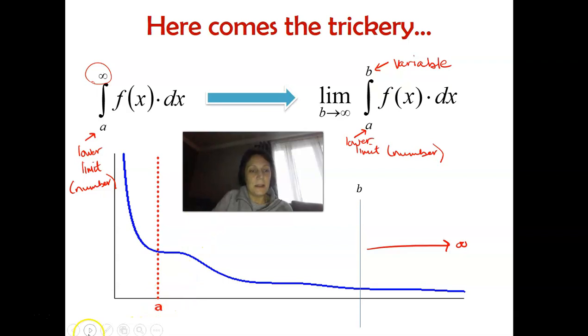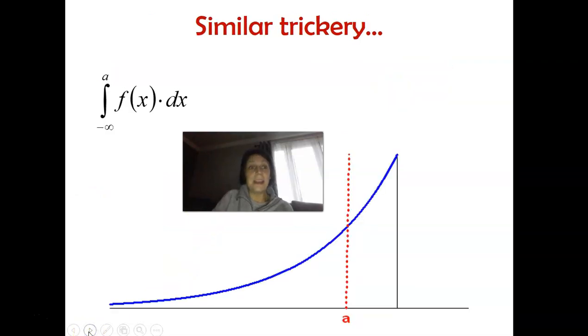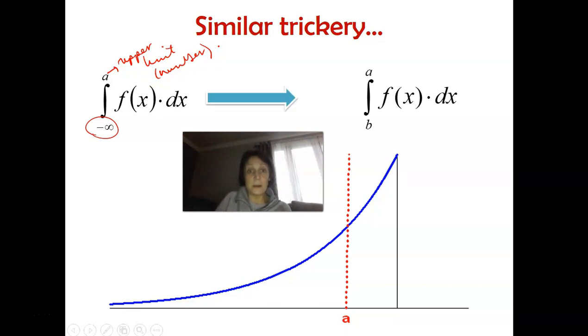You can imagine that if your improper integral is at the low end, it's very similar. So now, instead of my improperness being at the top, it's at the bottom. And this is my upper limit of integration, which should just be a number. So I see my improperness at the bottom there, so I'm going to rewrite it. I'm going to replace my negative infinity, again, with my dummy variable.